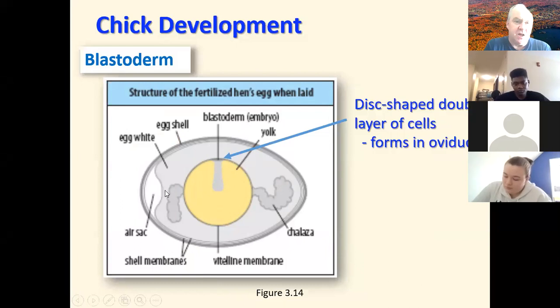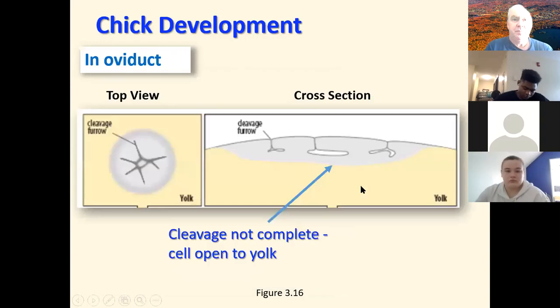These things here are just kind of stabilizing the yolk so it doesn't keep rolling on you, or on the poor old chicken there. So we've got the blastoderm on top, the yolk, which is where all the energy is going to come from. Here's the egg white, which is where all the protein is going to come from to build that chick. And the blastoderm is on top.